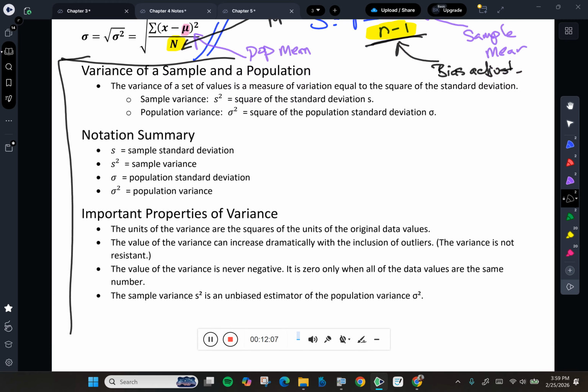Okay. The population variance and the sample variance are two calculations that you can find by taking the square of the standard deviation. Right? So if S is the standard deviation, when you square it, you get the variance. Right? If sigma is the population standard deviation, when you square it, you get the population variance. Right?